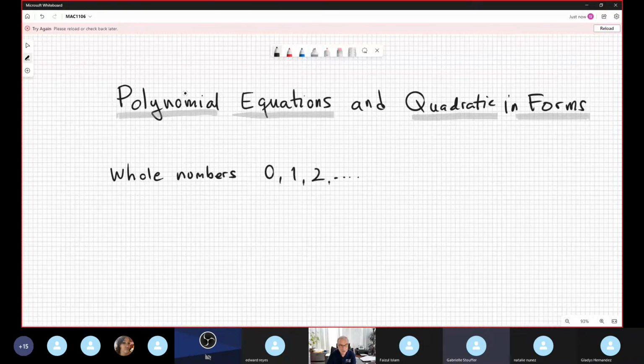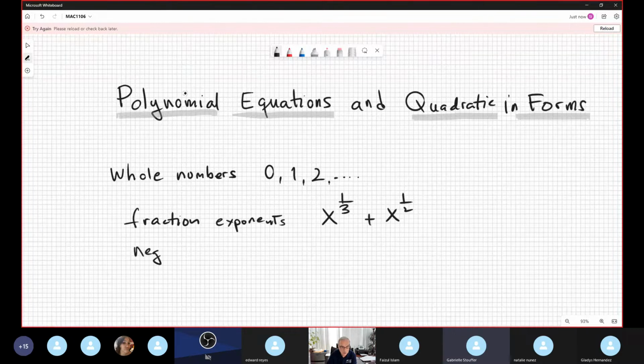No negatives. So when you see an equation that contains, for example, a fraction exponent like that, no, it's not a polynomial.